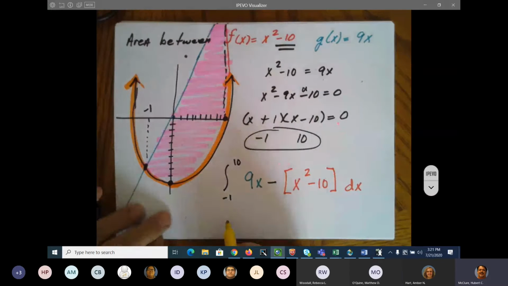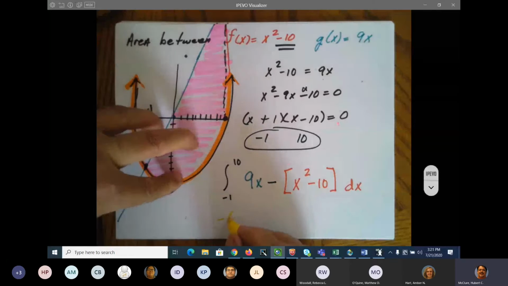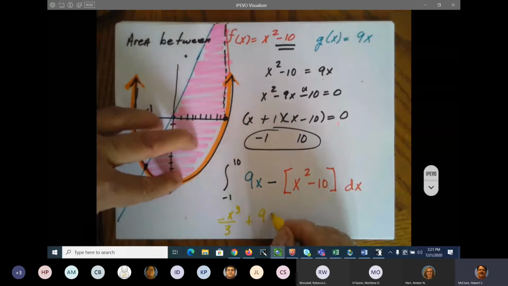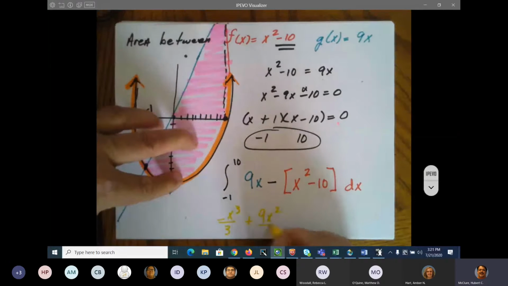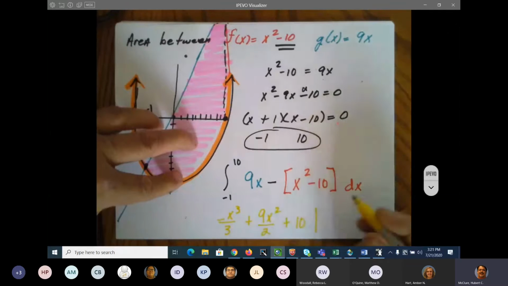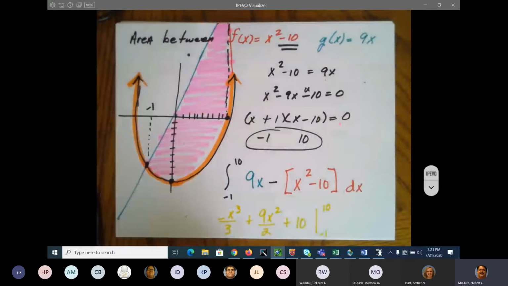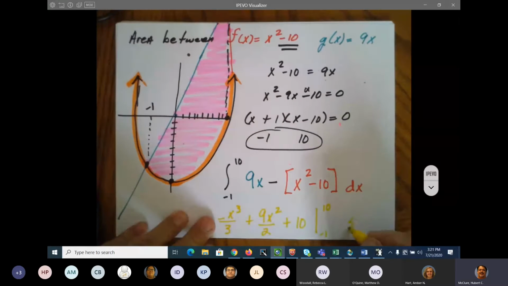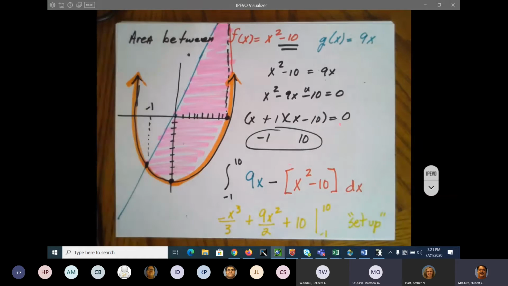I got negative x cubed over 3 plus 9x squared over 2 plus 10x, and that's evaluated from -1 to 10. And that's the setup. Both of these are considered setups. It depends on the instructor which one they want, either before the antiderivative or after.